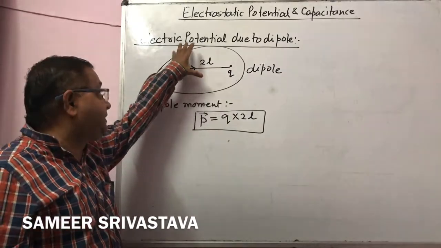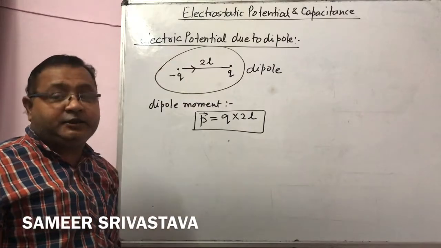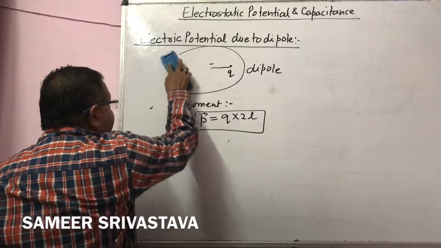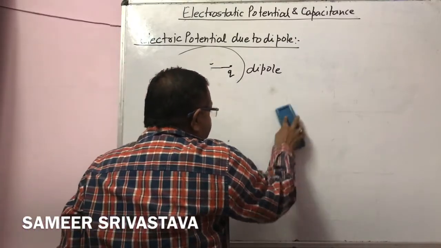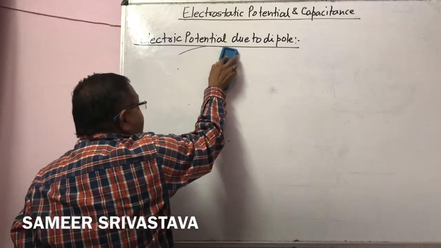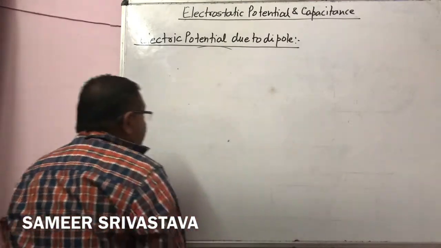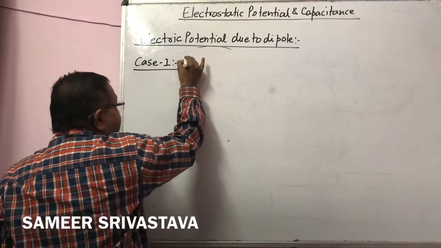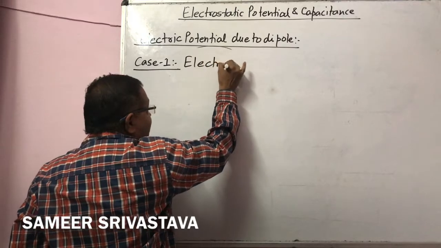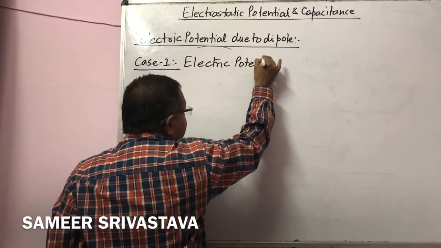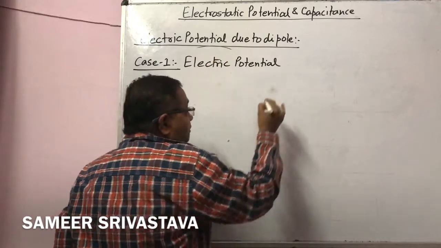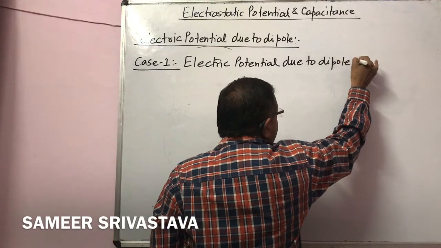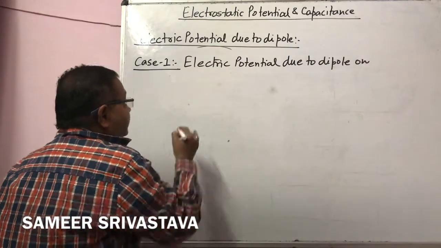Okay. Now I am going to this topic, the electric potential due to dipole. Again I am taking two different cases where we find the electric potential due to this dipole, and case 1 is electric potential due to dipole on its axis.